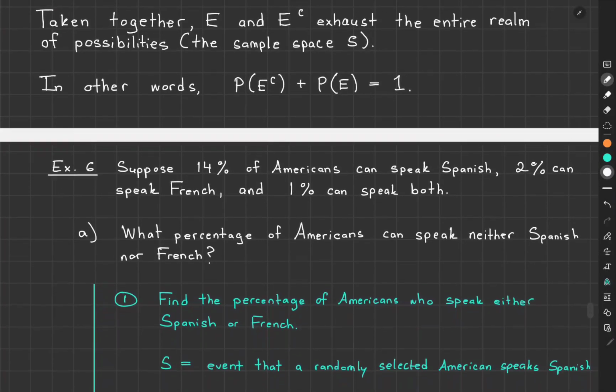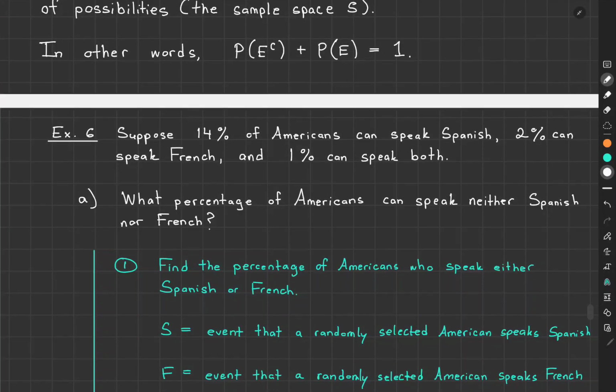Okay, so let's define our events here. We've got S. This is the event that a randomly selected American speaks Spanish. We've got F, the event that a randomly selected American speaks French.